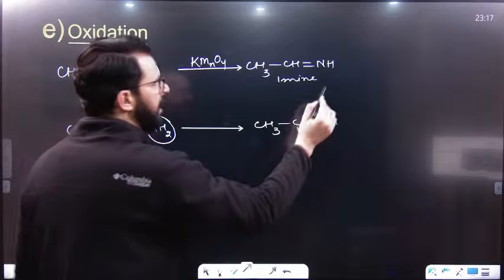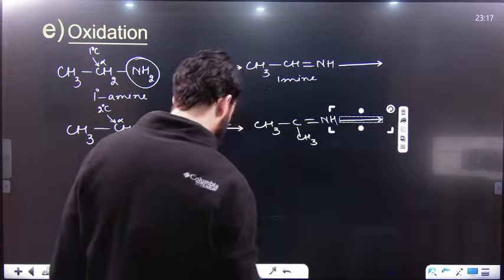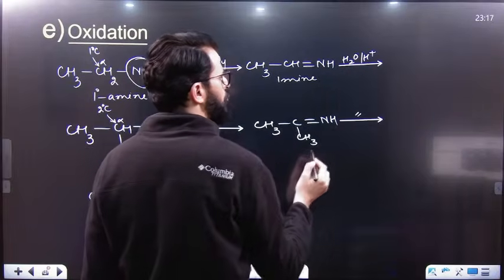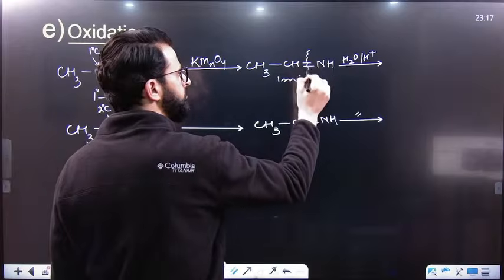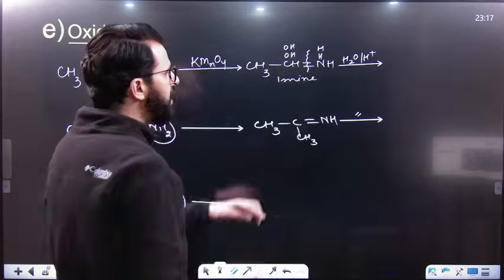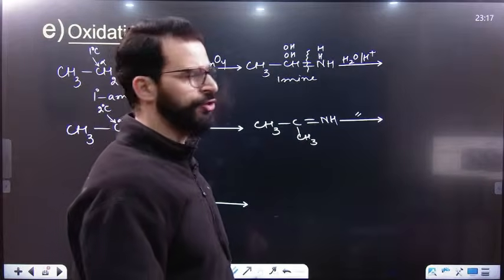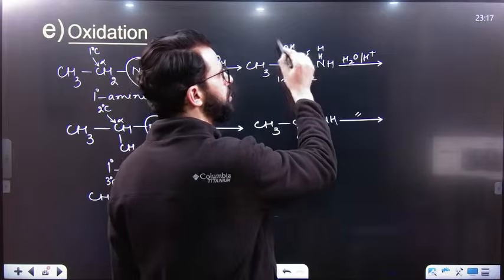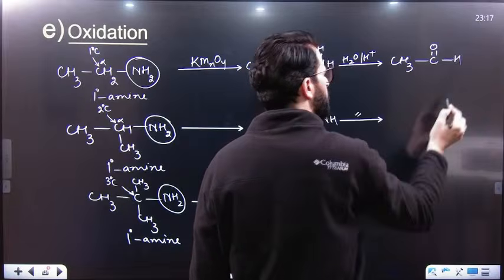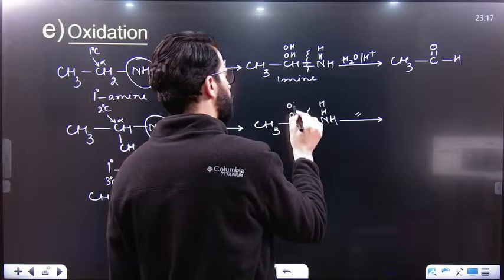Now, once this imine is obtained, we hydrolyze this imine. That means hydrolysis of this imine will result in breaking this bond, adding 2 hydrogens over here, adding 2 OH groups over here. But whenever 2 OH groups are attached to the same carbon, generally they will lose a water molecule and it will be converted to C double bond O. So we will get an aldehyde over here, and here we will get a ketone.